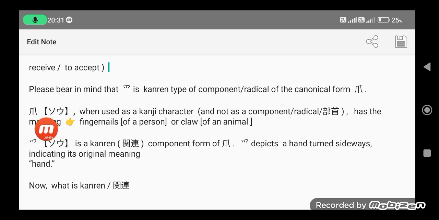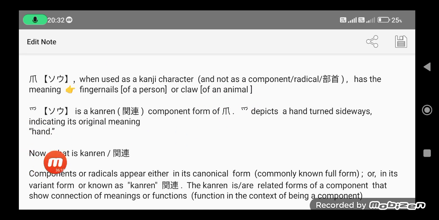So the "so," when used as a kanji character and not as a component or radical, has the meaning fingernails of a person or a claw of an animal. The "so" here, being a variant form, is called kanren, or related form.